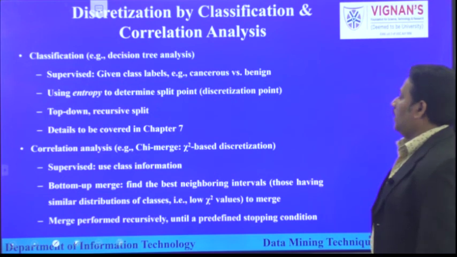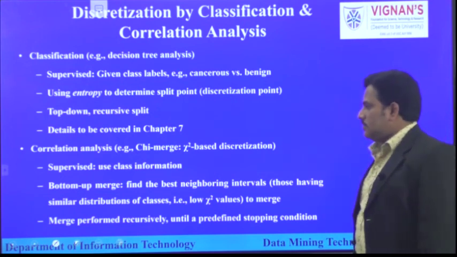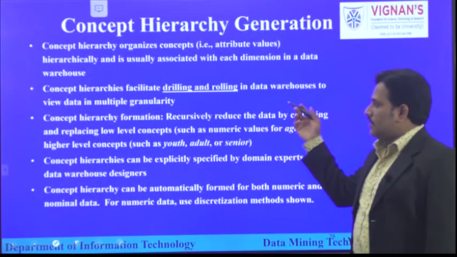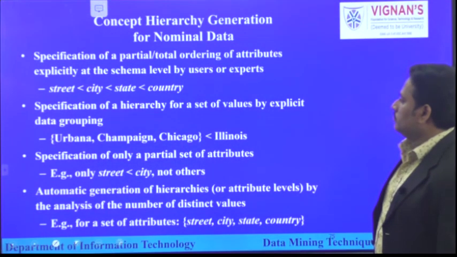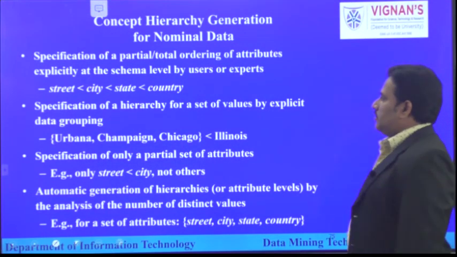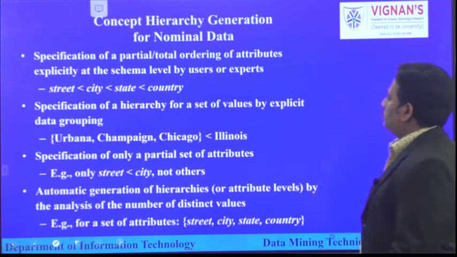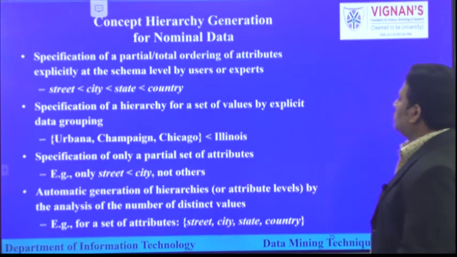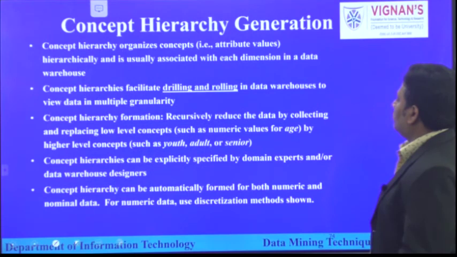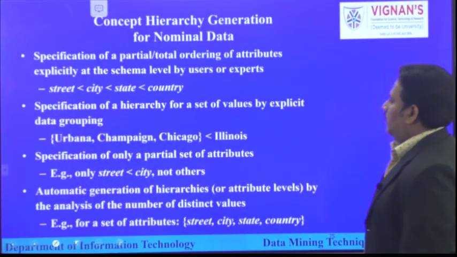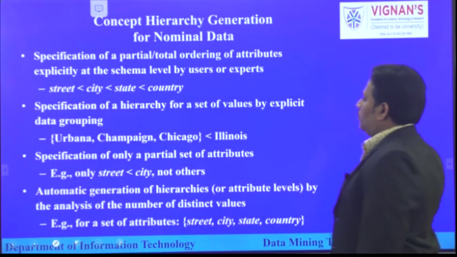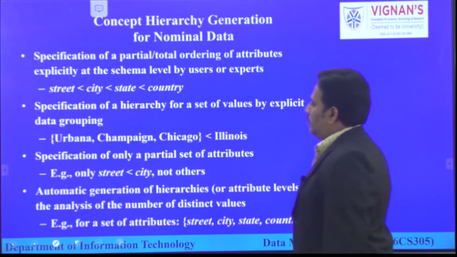Now when it comes to discretization by classification and correlation analysis, the correlation analysis we have already seen in chi-square analysis in the previous example. Now when it comes to nominal data, here we are dividing data based on a request.